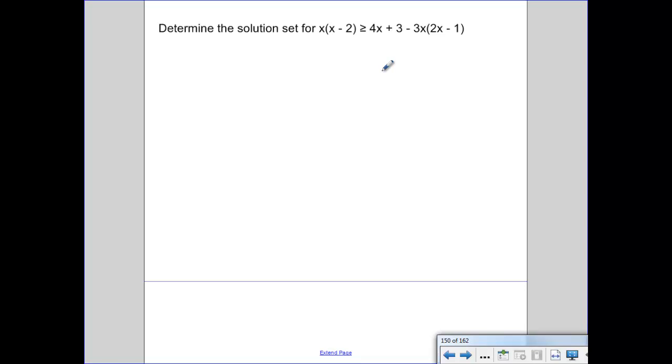Yeah, I agree. I believe this does require the quadratic formula, so I don't think we can factor it.